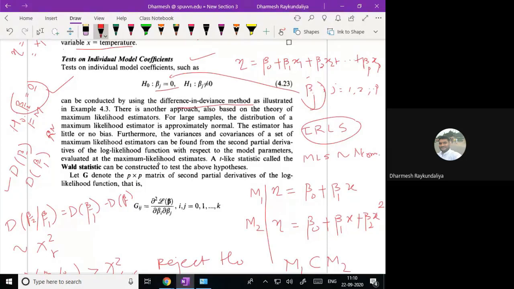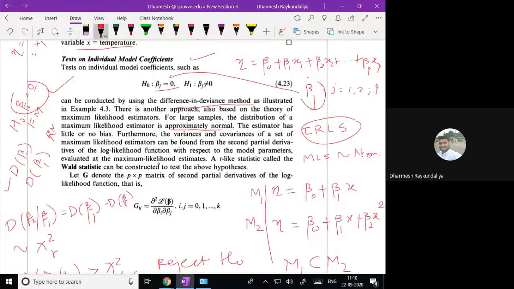Okay, so MLEs are approximately normal and the estimator has little bias or no bias. Sometimes we say that the MLE estimators are biased, sometimes they may not be biased. If it is biased, then the bias is little.